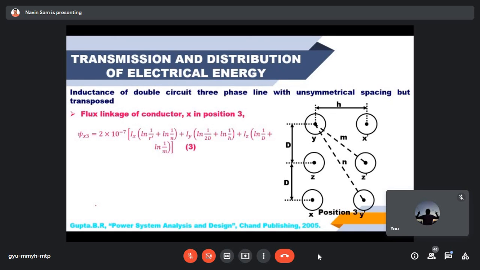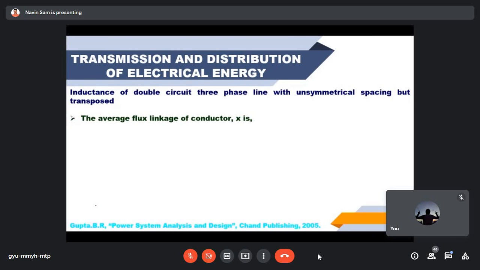At those positions, I have evaluated the flux linkage. Now it is time to evaluate the average flux linkage of conductor X. If I am able to evaluate the average flux linkage, then I will be able to evaluate the inductance very, very easily. So the first step, the average flux linkage of conductor X is psi.